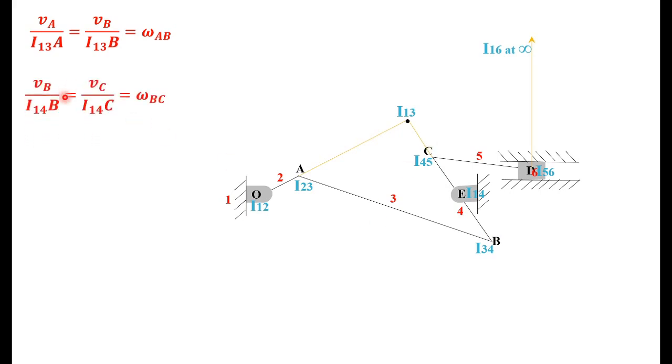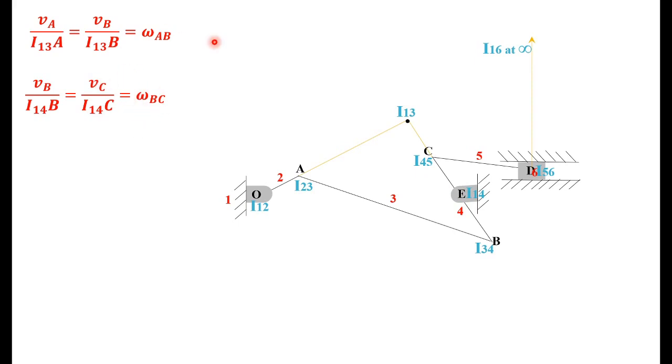Here VB is known from the previous expression. Now I14B you have to measure, this distance BE, that will be your I14B. Then I14C, distance CE. Measure both and then you will get VC. Also you can find omega BC. So you got VC and omega BC.